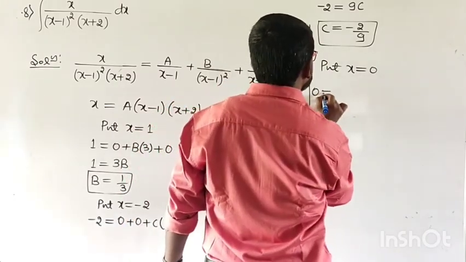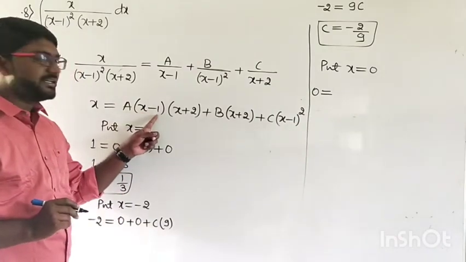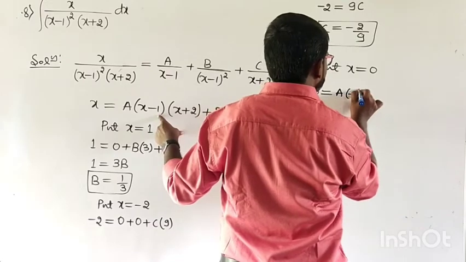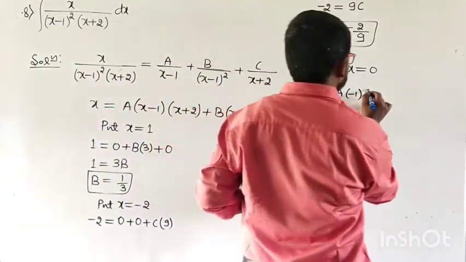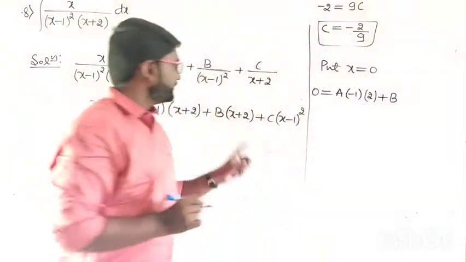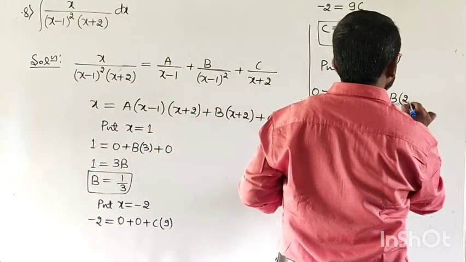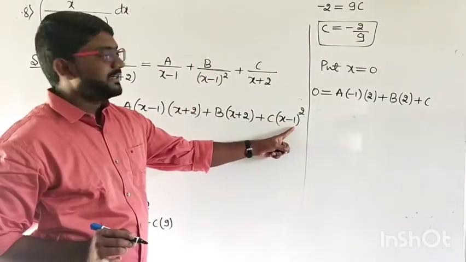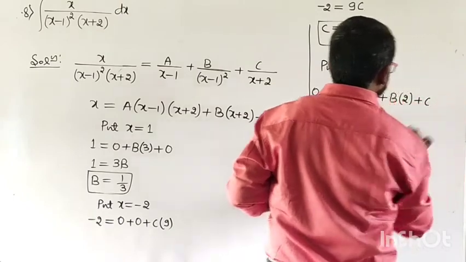If we take x as 0, 0 minus 1 is minus 1, a into minus 1, then 0 plus 2 is 2, plus b into 0 plus 2, it is 2, plus c into 0 minus 1, it is minus 1, minus 1 squared is plus 1, c into 1 is c.